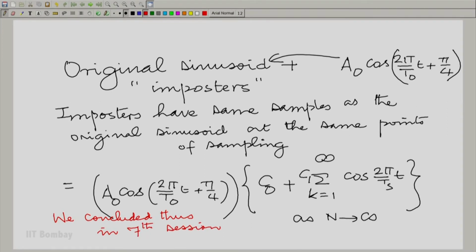Now, let us also ask what happens when we go the other way. This was one path. The other path was multiply the original waveform by very narrow pulses and make the pulses narrower and narrower. But in session 8, we tried to do this and we said if we just make the pulses narrower, ultimately the pulses vanish and nothing remains.